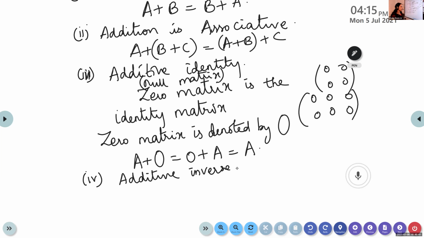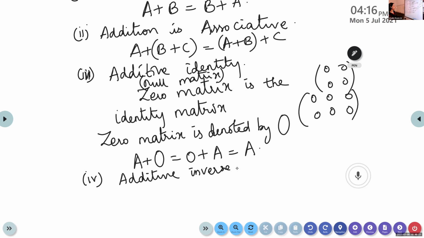Aparna, the additive inverse of 5 is minus 5. You just change the sign, isn't it?